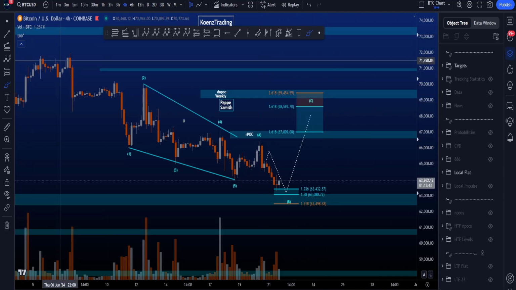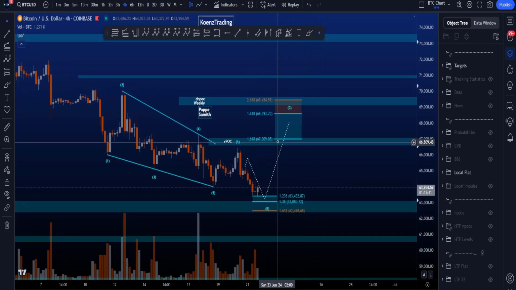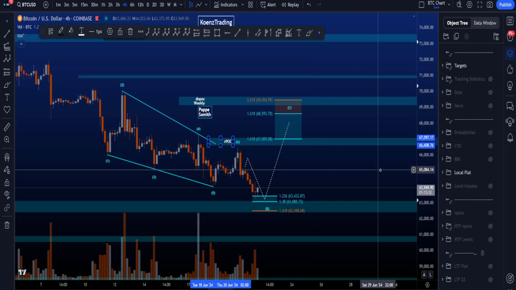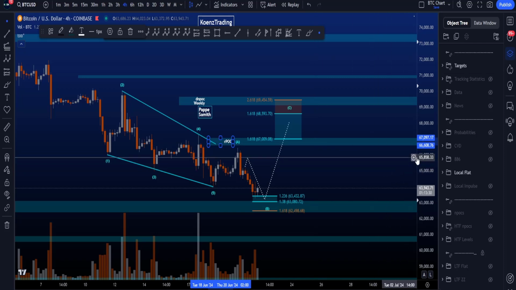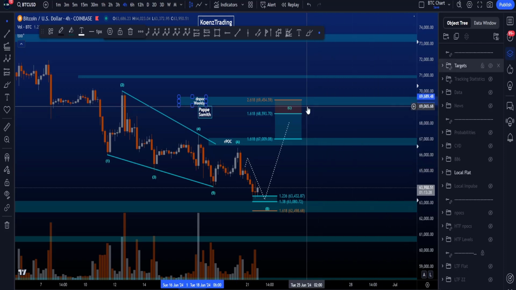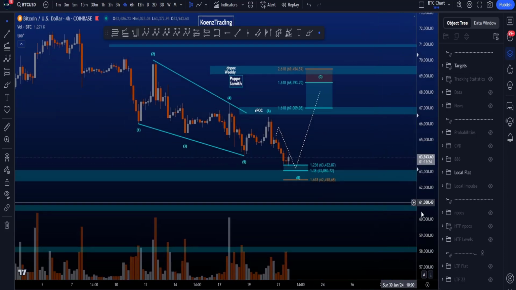If I open my additional resistance areas, then you can see that the 1.618 here at 67k and the 2.618 are in confluence with some additional resistance. First of all, the box here between 66.6k and 67.1k, and second 69.1k to 69.7k.